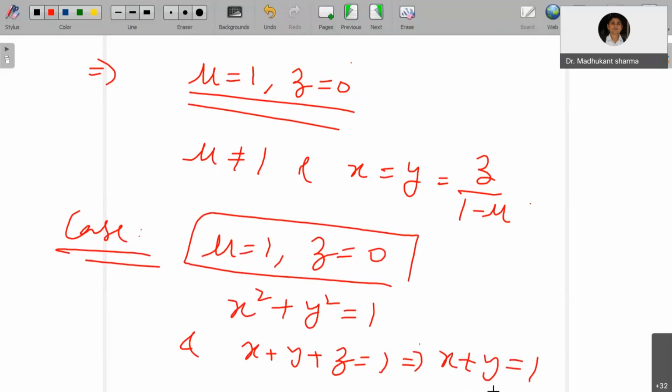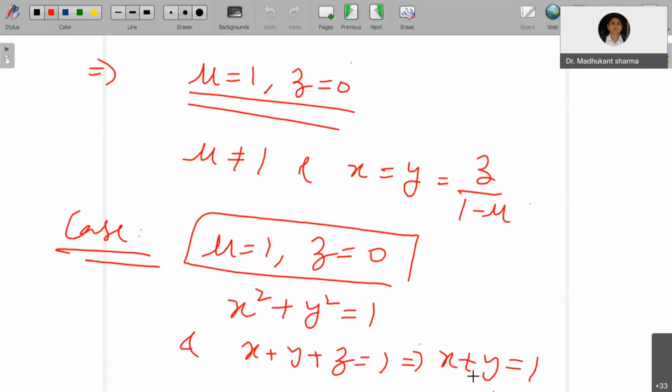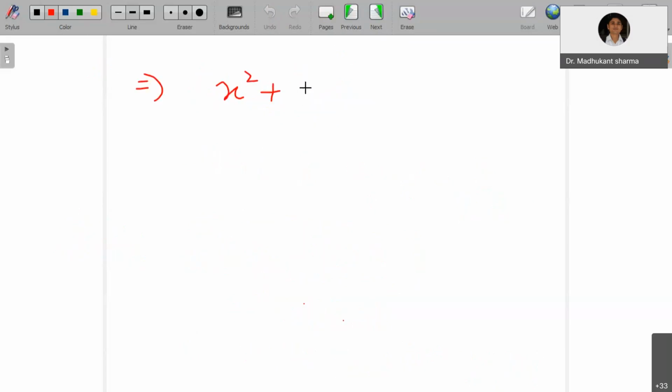So you have two equations in two unknowns. You can use this here. What it implies is x square plus y square, where y is 1 minus x, so 1 minus x whole square equals 1.